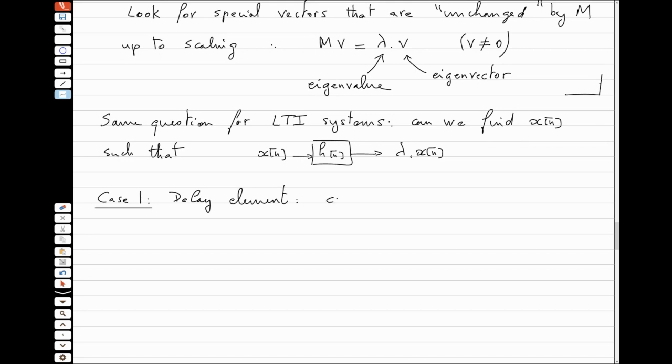So can we find x of n that is transformed into itself times a scaling factor by a delay element?